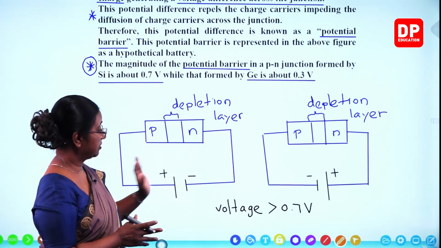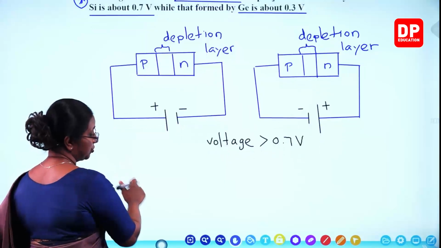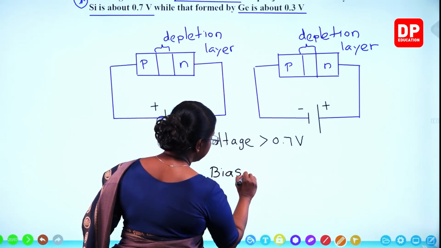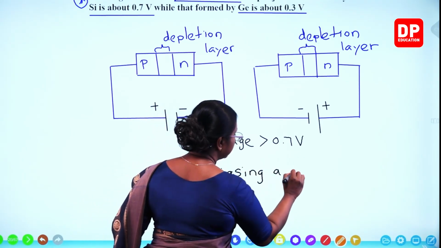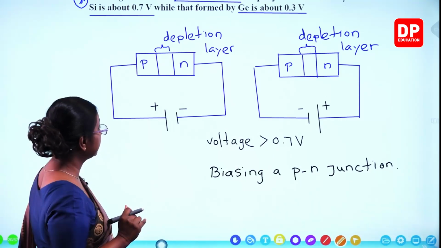So this process where we supply a potential difference, that process is known as biasing. Biasing a PN junction. And the biasing can be done in two ways. I'm sure you all can understand that.